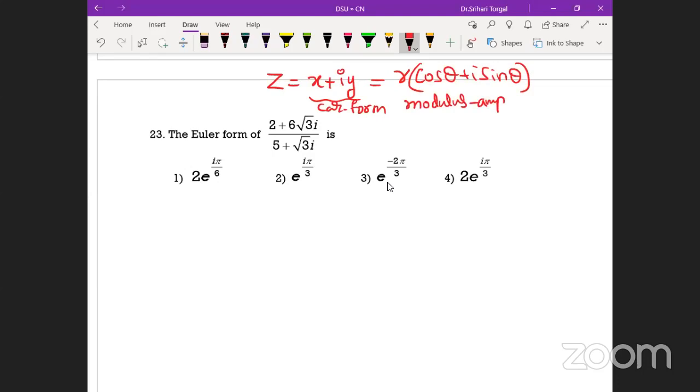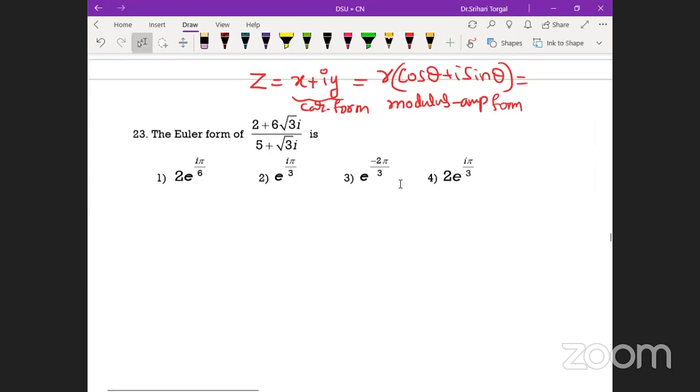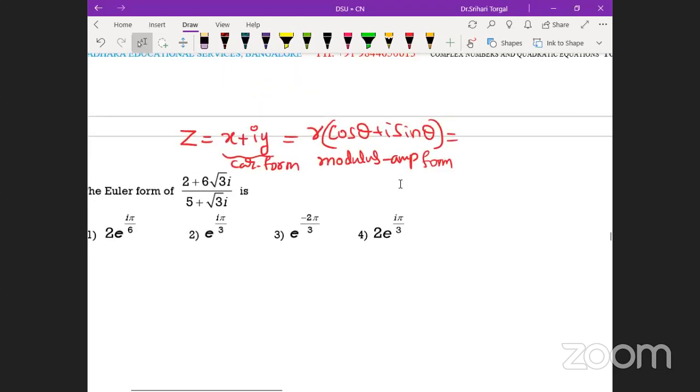Modulus amplitude form. And some problems are there which we cannot solve using these two methods. So we use another form that we call Euler form. It is denoted by r into e power i theta.